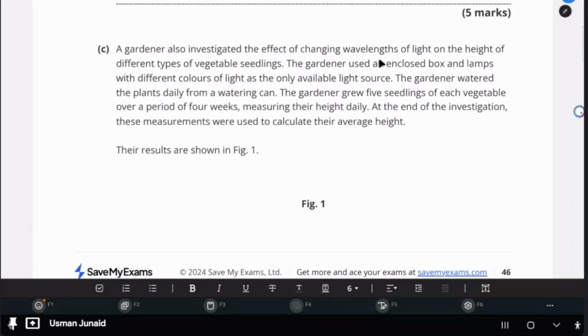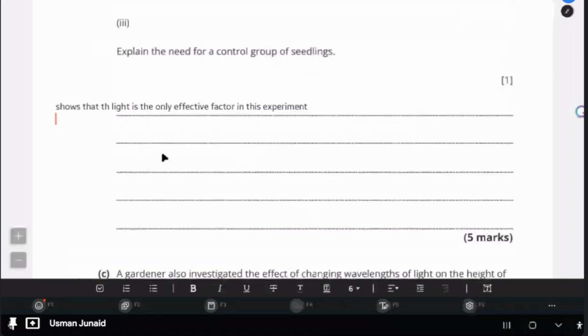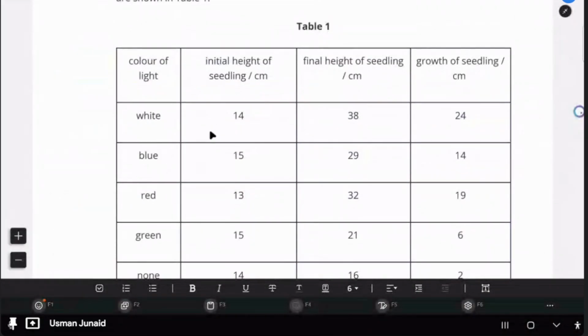The gardener also measured the rate of change in height for different colors of light. The gardener used lamps with different colors of light as the available light. The gardener watered the plants daily and grew 5 seedlings for each color over a period of time, measuring the height daily. At the end of the investigation, these measurements were used to calculate the average height. These are shown in figure 1.